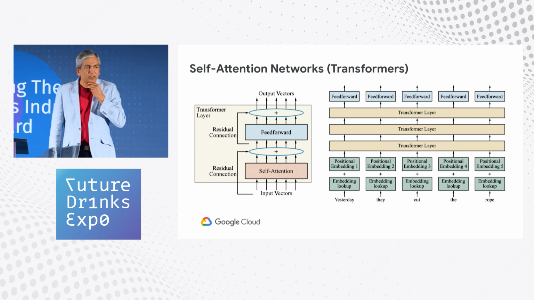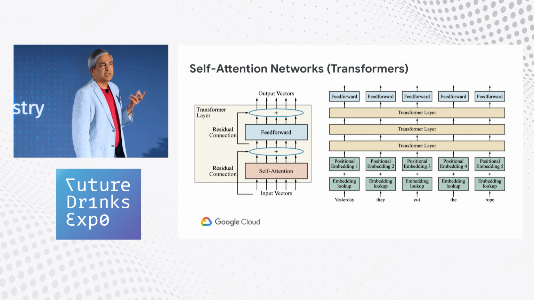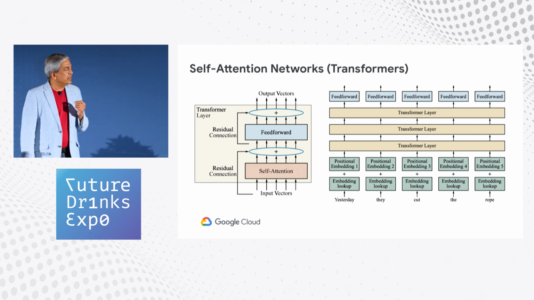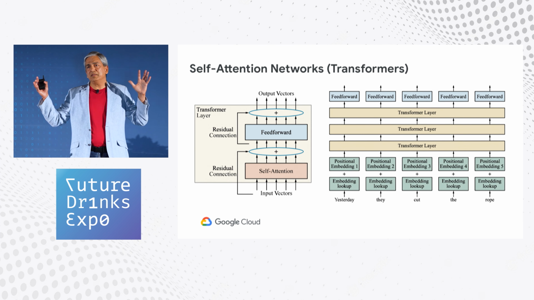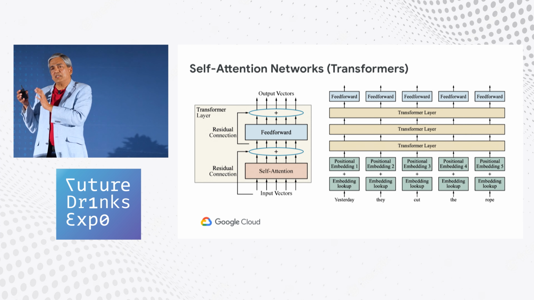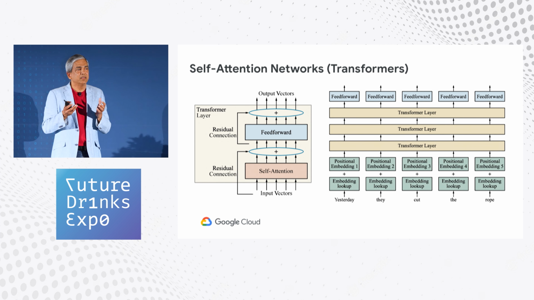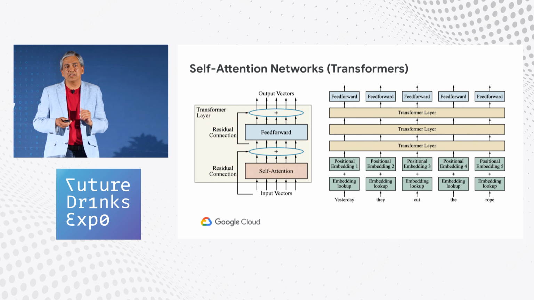And the state-of-the-art ones are called self-attention networks. These were invented less than 10 years ago at Google. And the idea here is that you have a lot of data. This network not just has to process the input, it also has to understand what to pay attention to in the vast amount of knowledge and data it has that are relevant to making this particular decision.